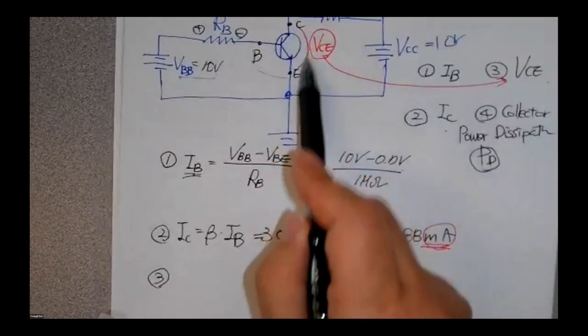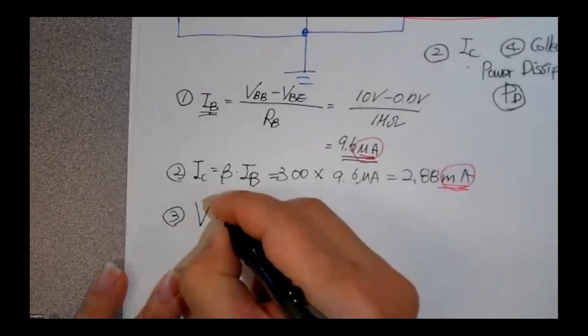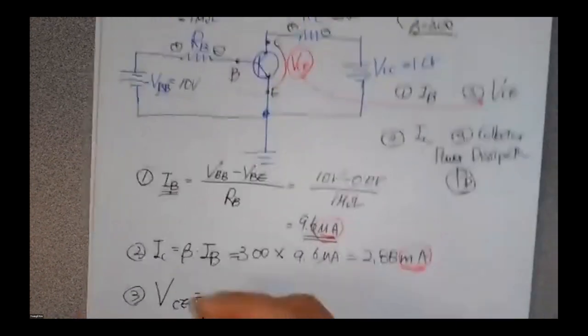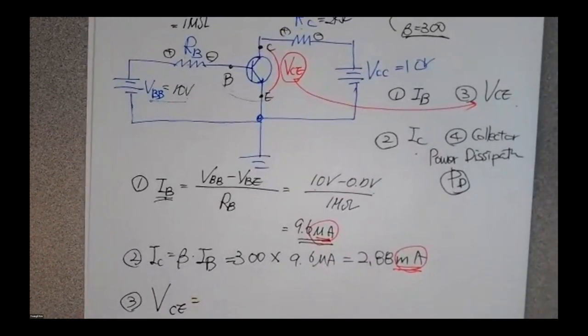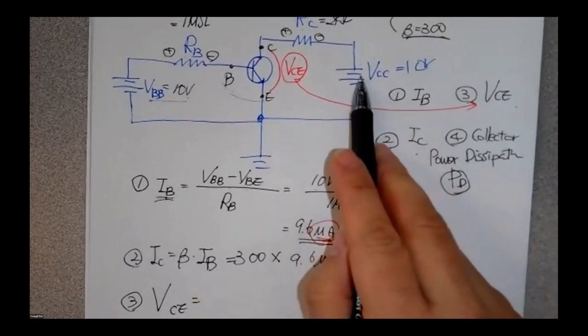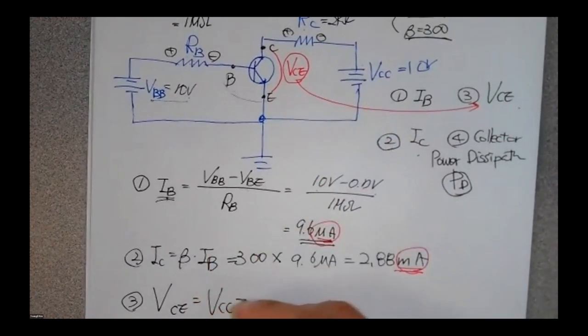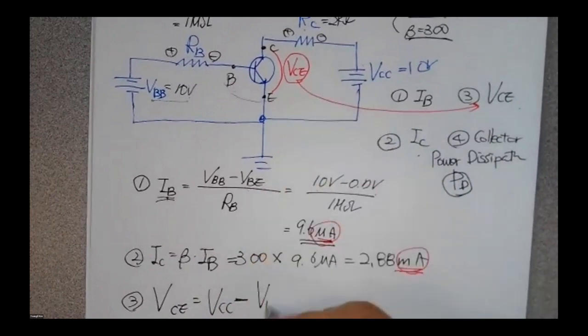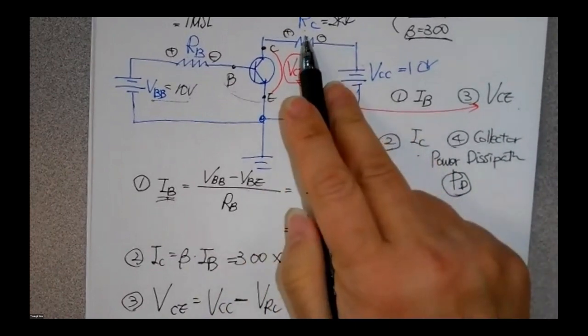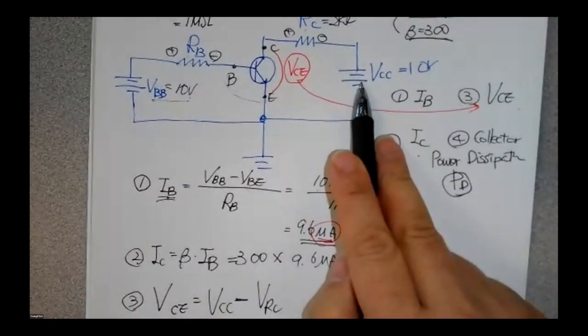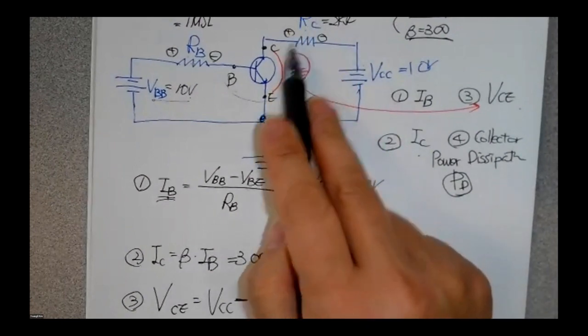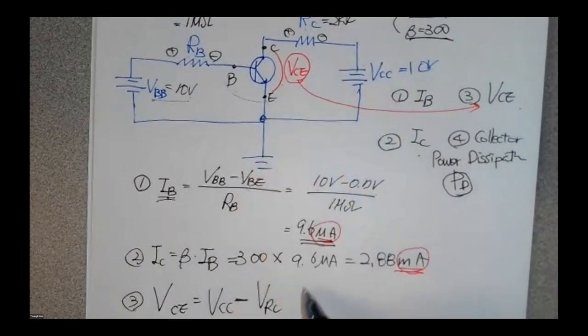So the V sub CE is V sub CC minus V sub RC. V sub CC minus V sub RC is equal to V sub CE.